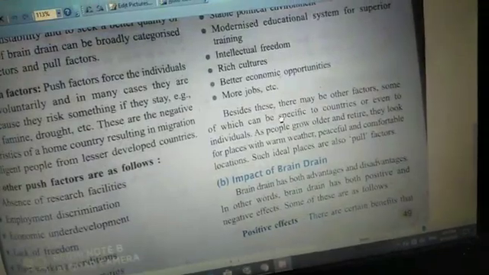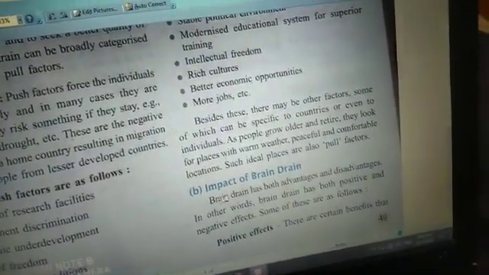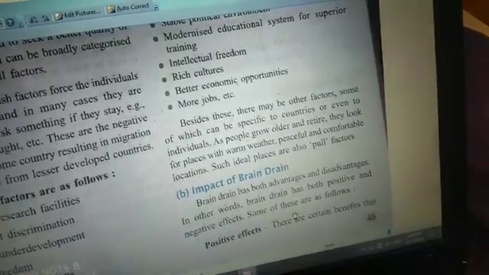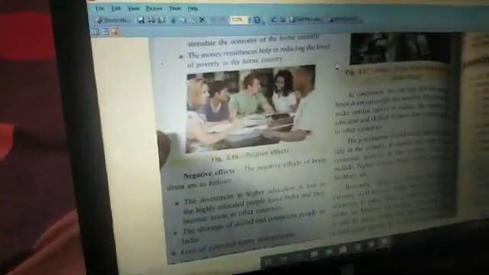So if these kind of things happen, what will be the result? What is the final impact of the brain drain? Now we will see the positive effects. If all good employees, all qualified people are moving away from our country, what is the good?